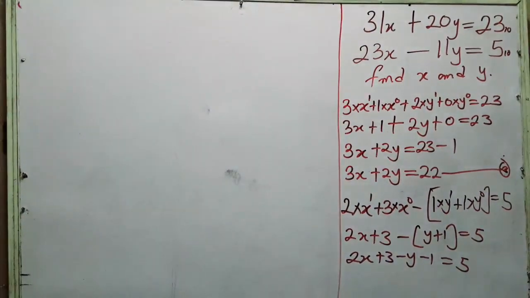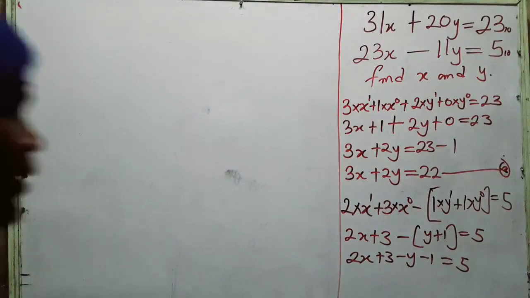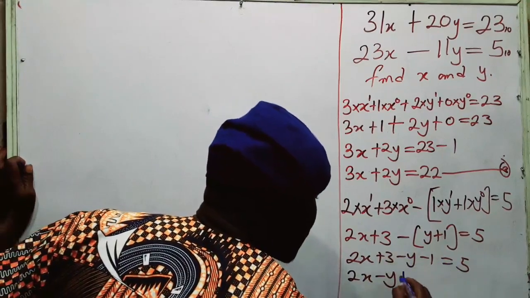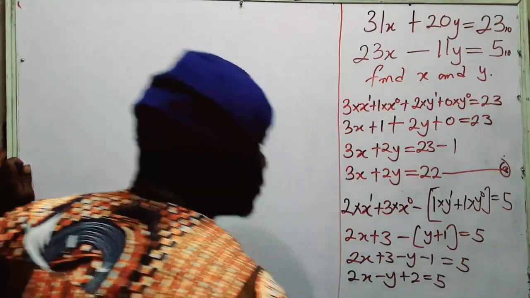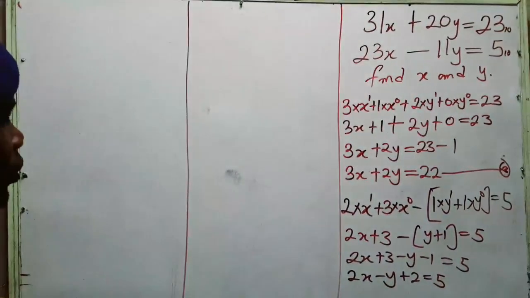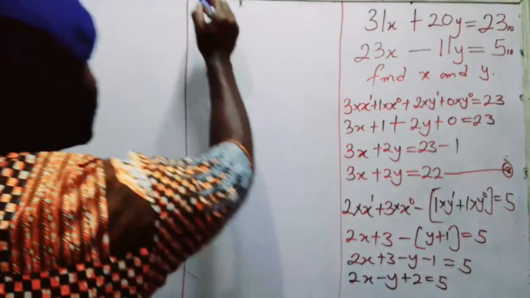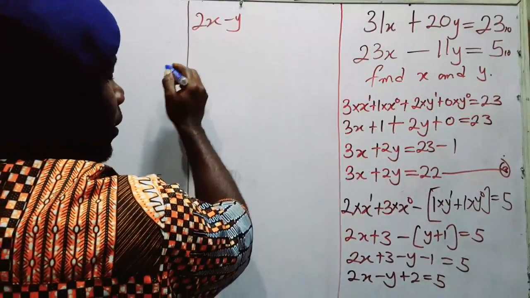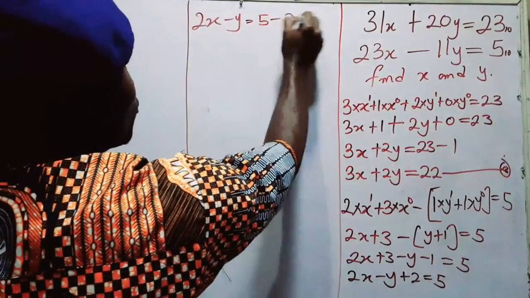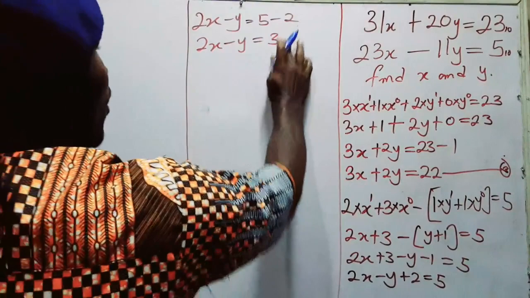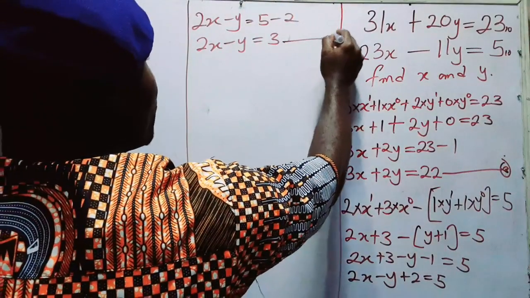So now we try to make the value easy. We have 2x minus y, and 3 minus 1 gives plus 2, is equal to 5. Therefore 2x minus y is equal to 5 minus 2. So we have 2x minus y is equal to 3. We call this one equation 4.